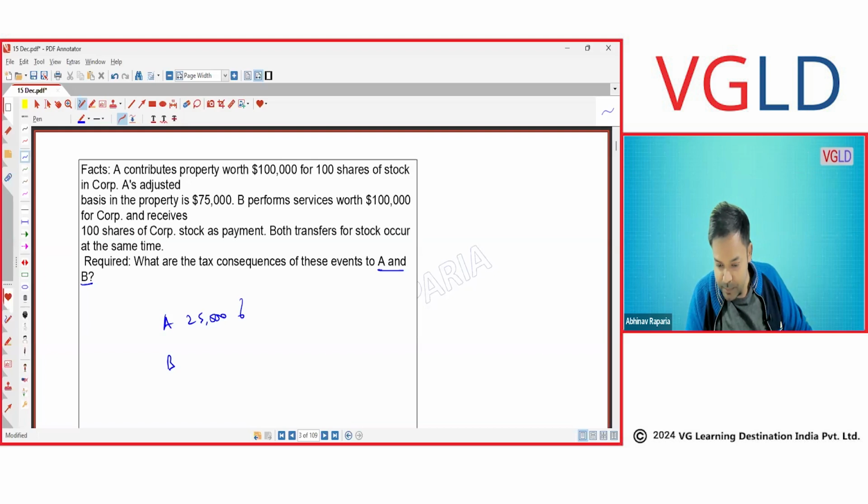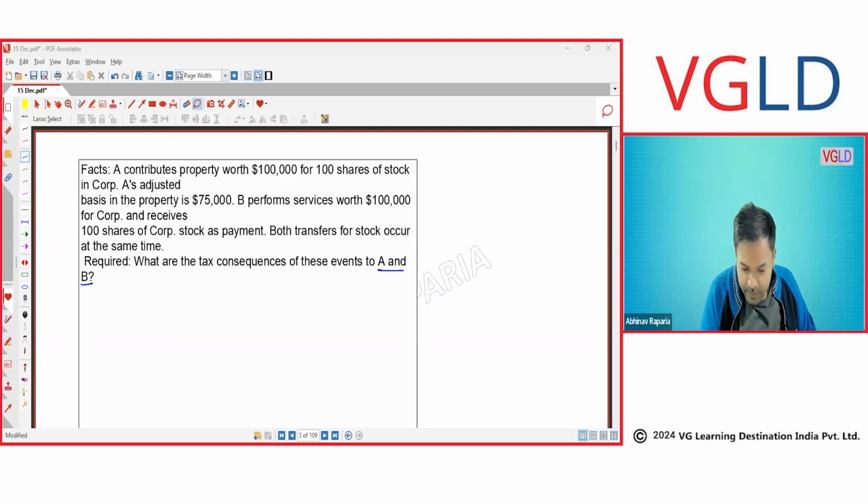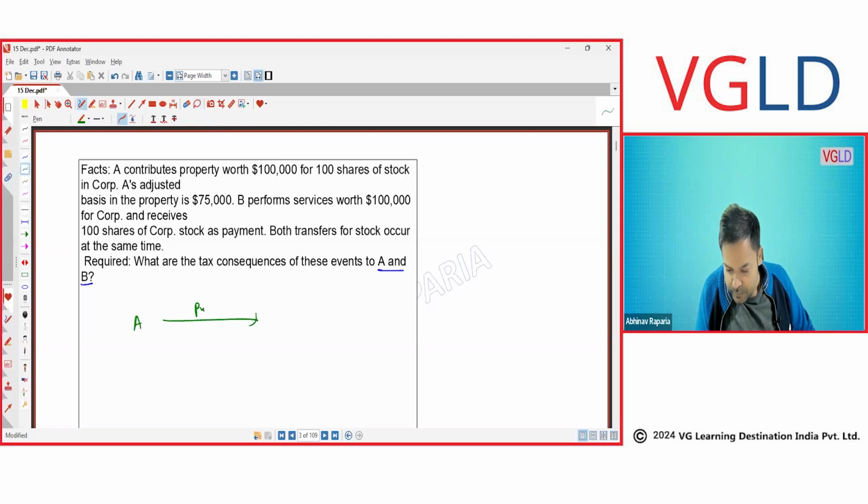Everyone, what's the answer? Ashraf, Ruchi, Charlie. A has contributed the property. Worth is 100,000. 100 stock. Net book value for the same is 75,000.